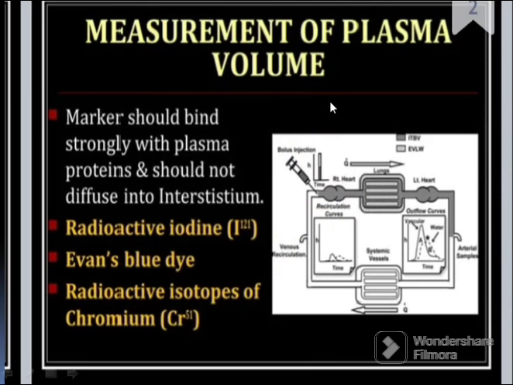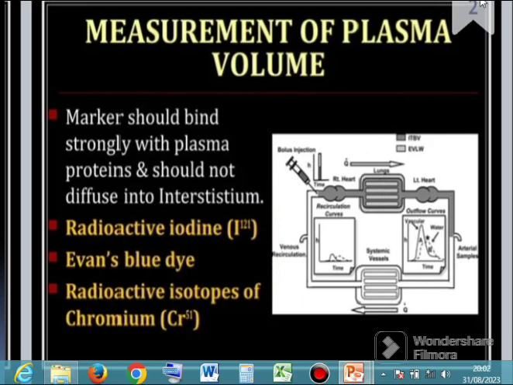So the intravascular fluid compartment can be measured using biomarkers such as radioactive iodine, Evans blue dye, and radioactive isotopes of chromium.